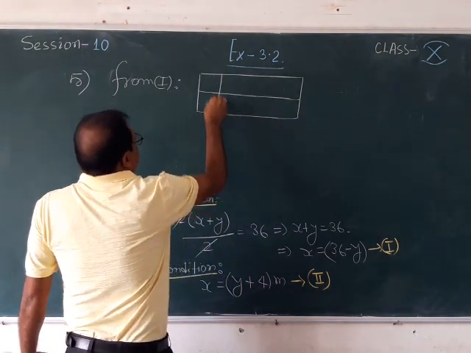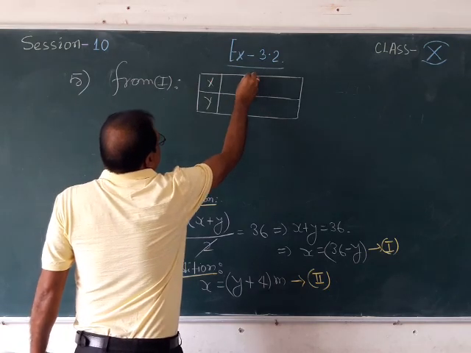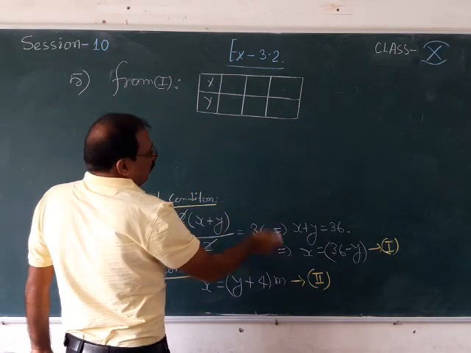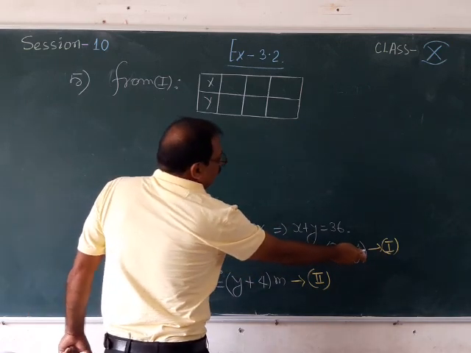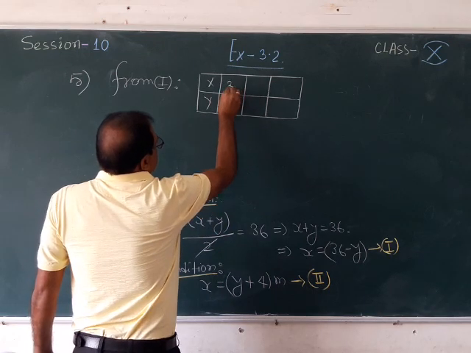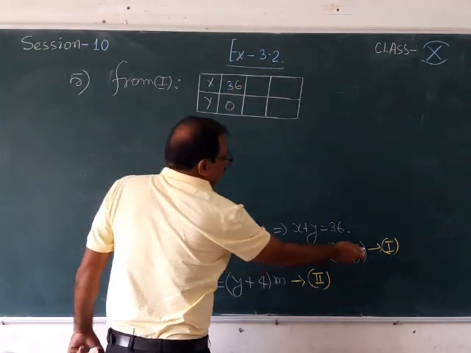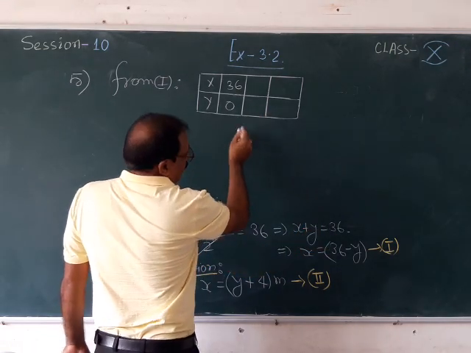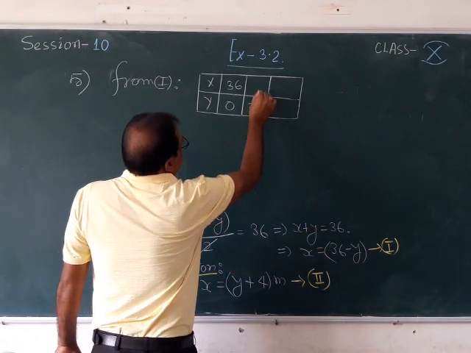Here you have to take the values of x and y, and you are going to take three values. From the first I can put the value of y. If I take y as 0, then x is coming 36, and if I take y as 36, then x is coming 0.